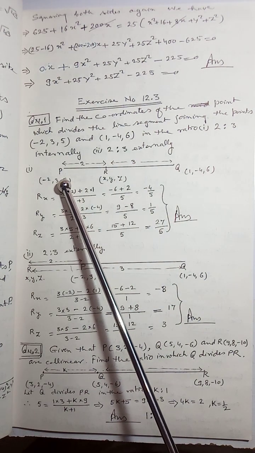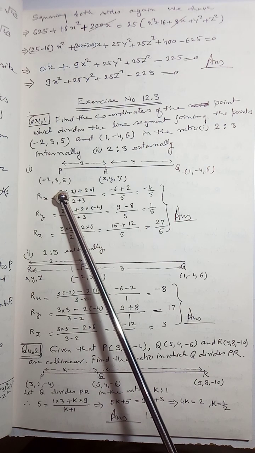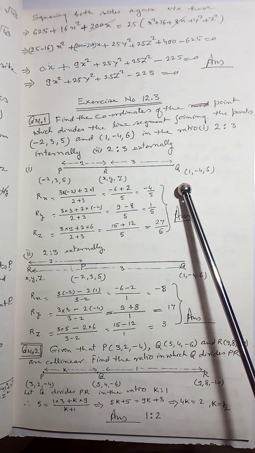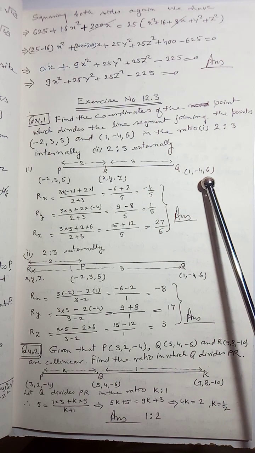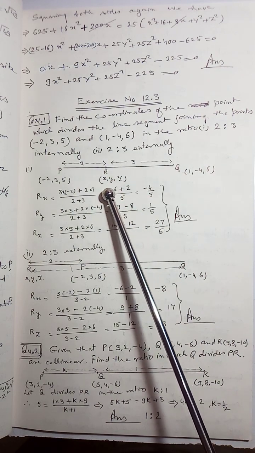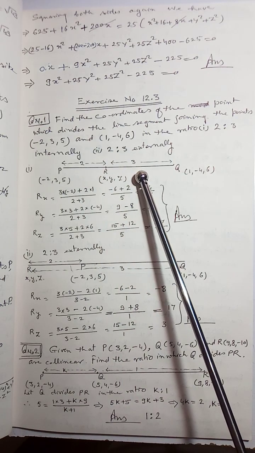Now see, the point P is here, whose coordinates are (-2, 3, 5), and Q is (1, -4, 6). There is a point R which divides the line segment PQ in the ratio of 2:3.